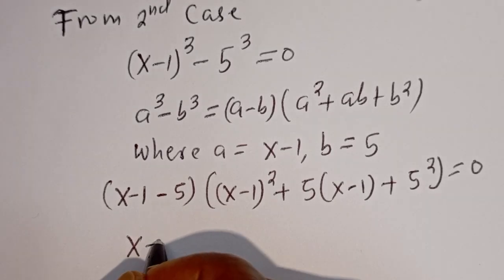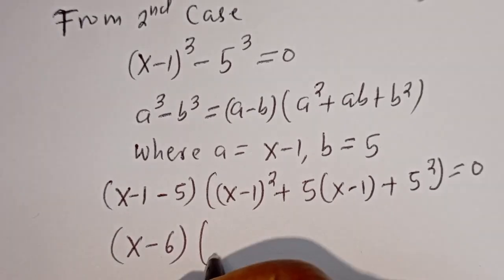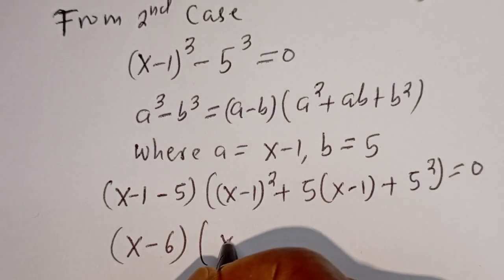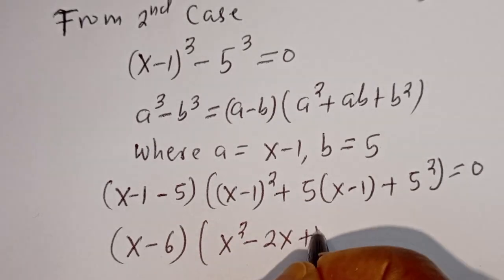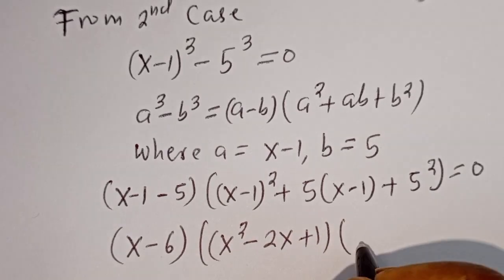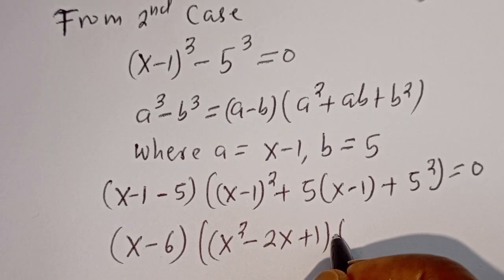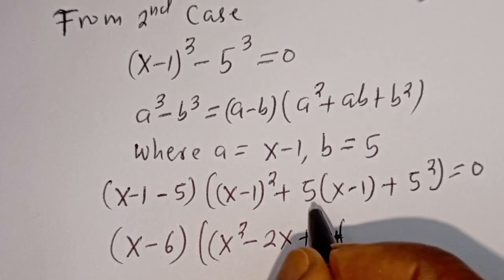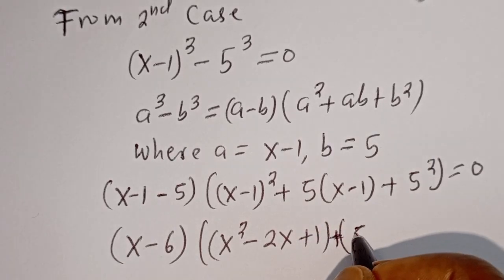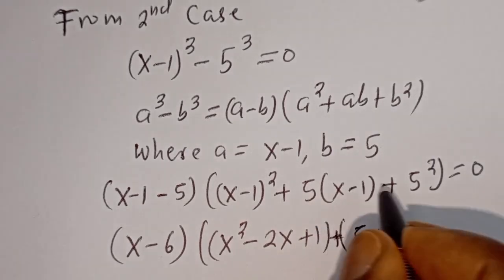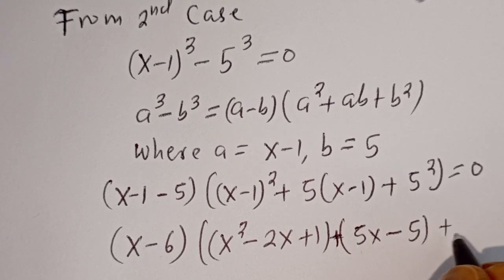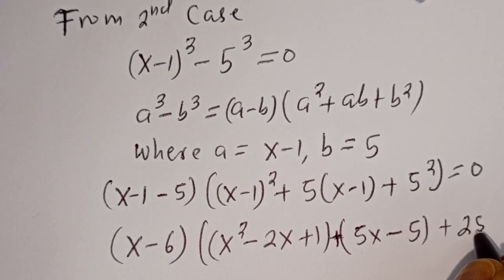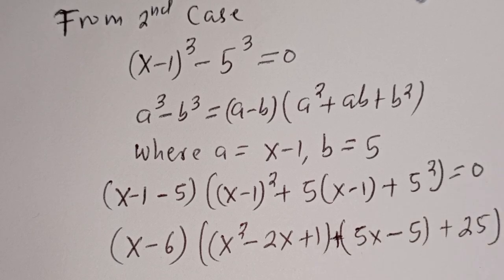We have x minus 6 bracket, if you expand this, we have x square minus 2x plus 1 plus this 5 times x, 5x, then 5 times minus 1, that is minus 5, plus 5 squared, that is 25, is equal to 0.